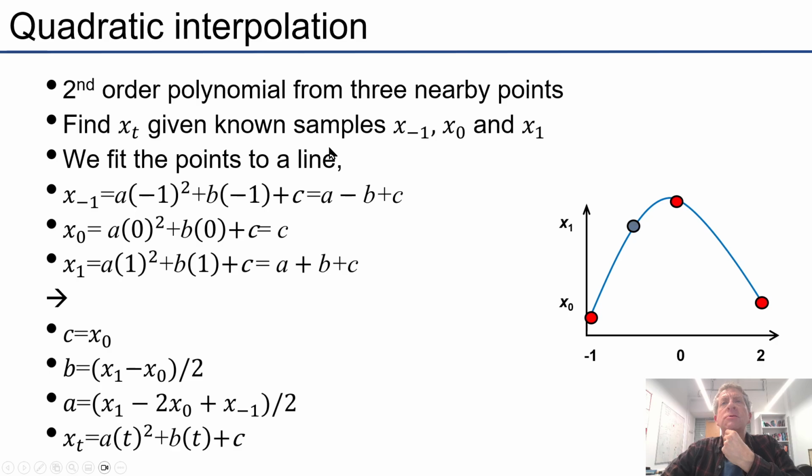So if we assume x is a function of time here, or equivalent to the y versus x shown previously, then you can fit a function a times some value squared plus b times some value to the 1 plus c, and then based on that you can derive a, b, and c and get the values of the quadratic function, and so for any time you can determine what x would be.